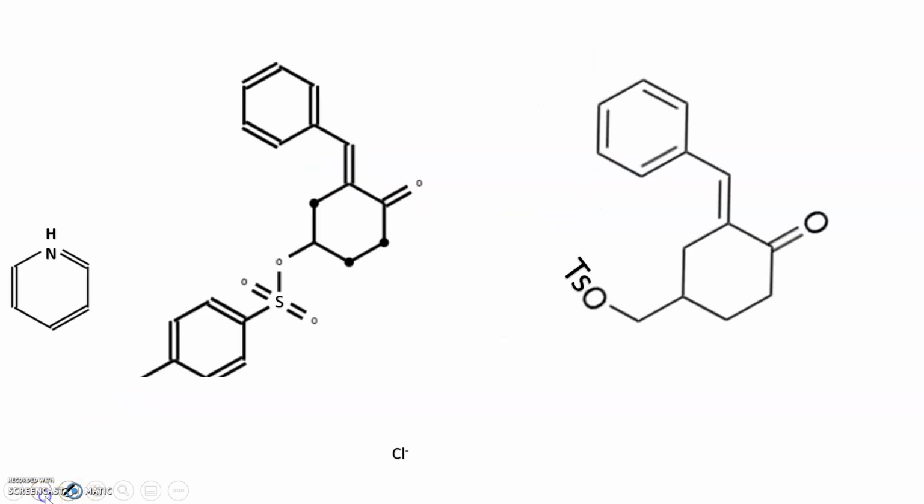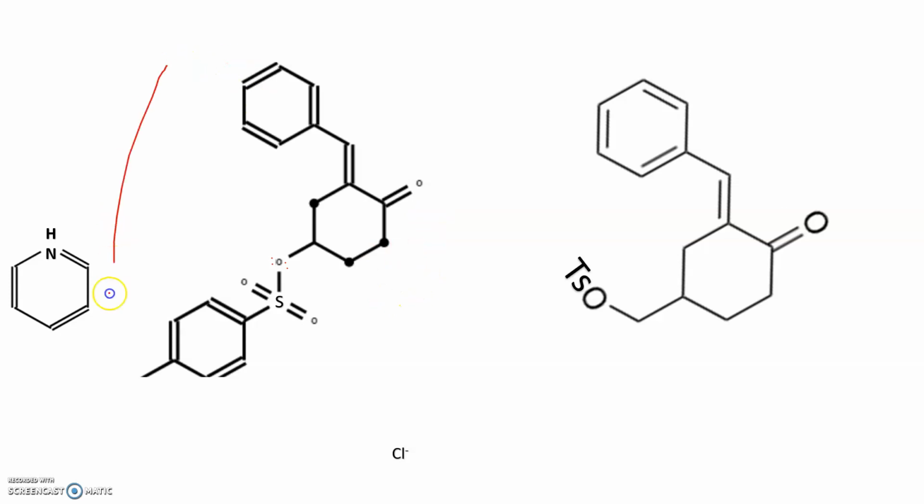In the next step, the hydrogen is now taken up by the base, and the electrons flow back to the oxygen, giving it 2 lone pairs and a neutral charge. And again, the inorganic product, the chloride, is there as well.